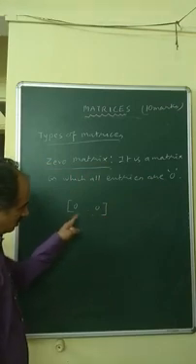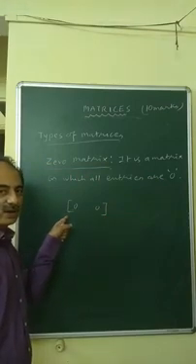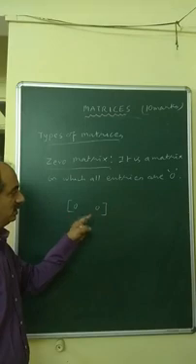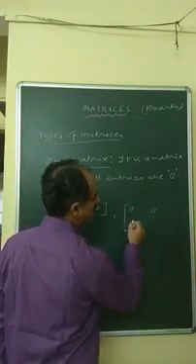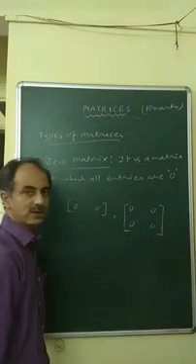This is a matrix in which all entries are 0. It is a zero matrix. Another zero matrix: 0, 0, 0, 0. This is also a zero matrix.